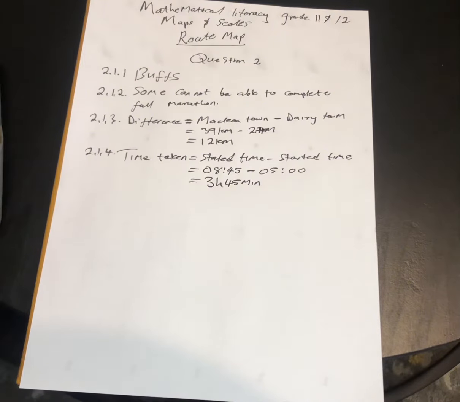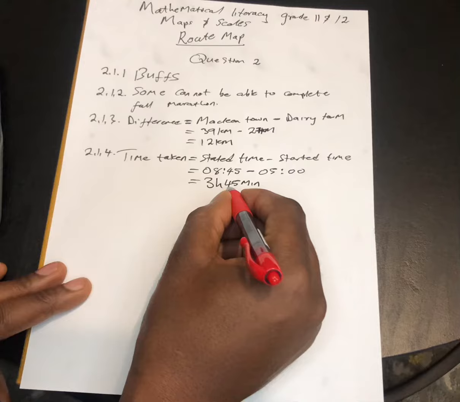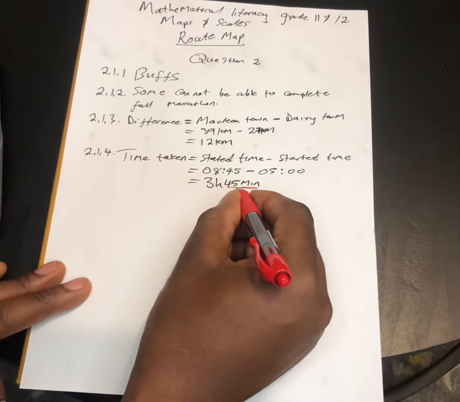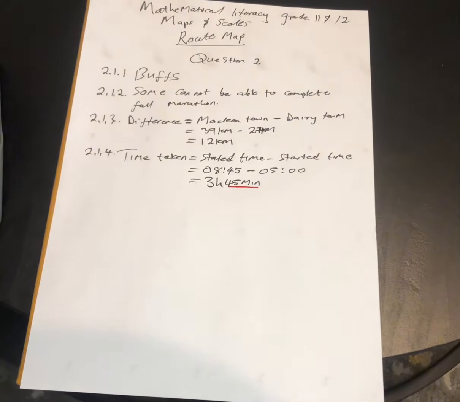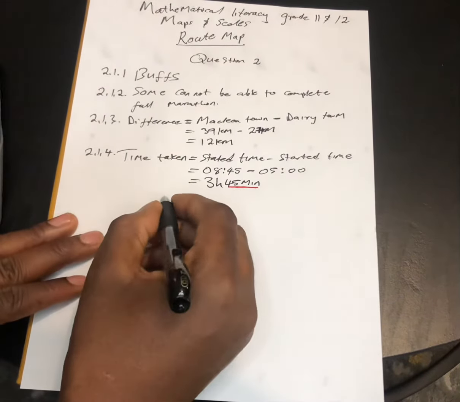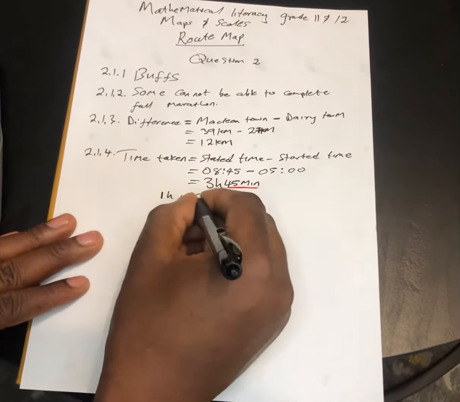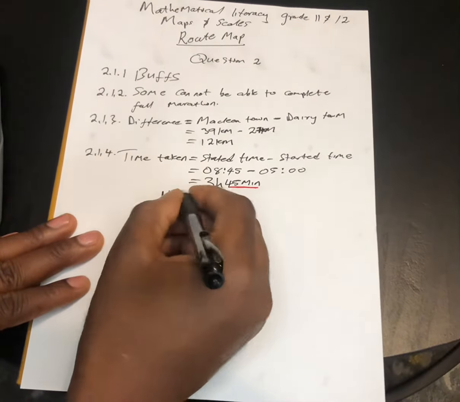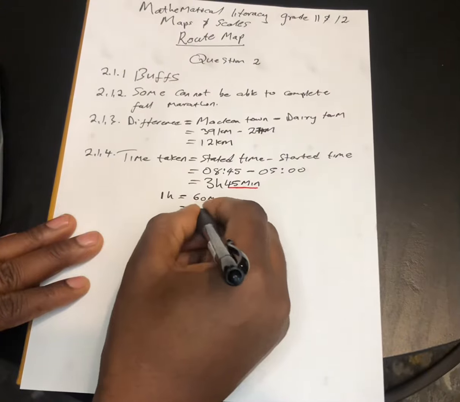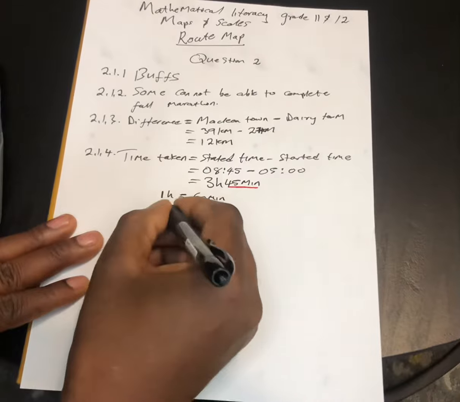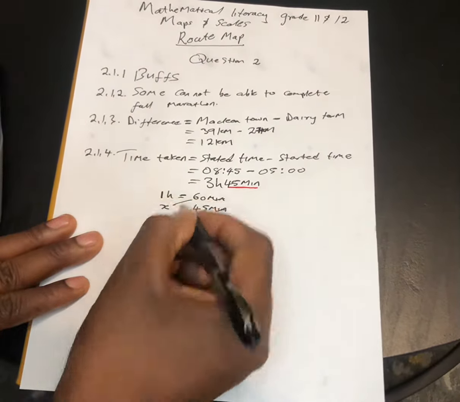So what we need to do here, we know that we already have 3 hours. We can just deal with the 45 minutes. We convert that 45 minutes to hours. So we're going to say 1 hour is equal to 60 minutes. We're converting 45 minutes to hours. The minutes and minutes cancel each other, and then we do the cross multiplication.